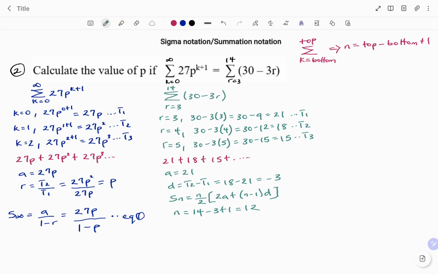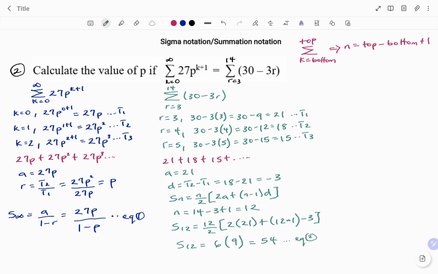So substituting back, our S12 will be 12 over 2, times 2 times a, that's 2 times the first term, 21, plus 12 minus 1, multiplying our common difference, minus 3. Our S12 will be 12 divided by 2, that's 6, times. If you punch that in your calculator, you're going to have 9. 6 times 9 will be 54. I call that my second equation.